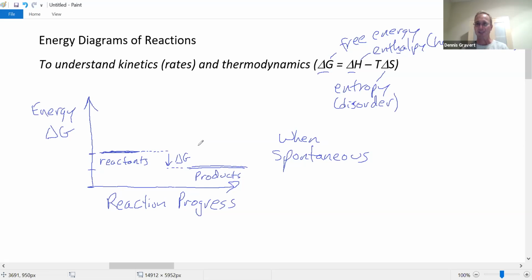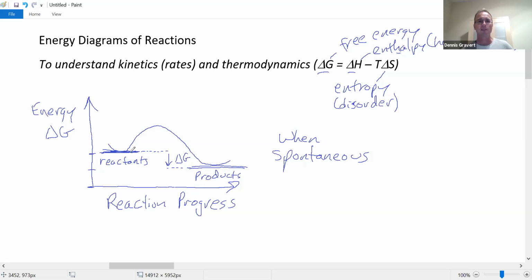They need some energy. So they have to be in motion. So you heat these up, you get the reaction started. They're not perfectly at this level of energy. You give them a little kick, and they actually have to climb up a hill before they can go over to the products.